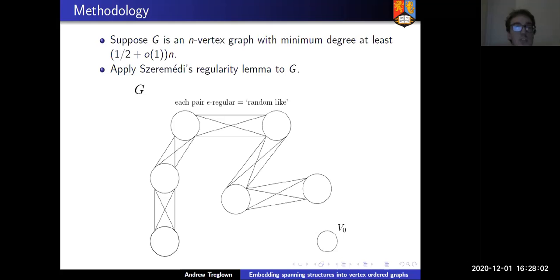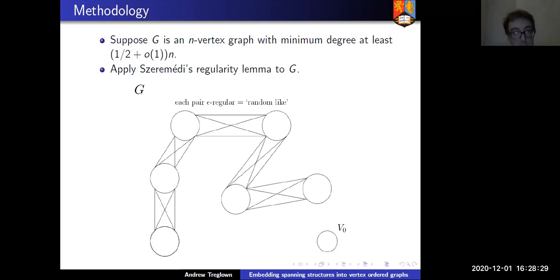So G is an n-vertex graph with minimum degree at least n over 2, so n over 2 plus a bit. They apply Szemerédi's regularity lemma to G. So what does that do? Apart from some throwaway set V0, which is at the bottom there and which we're just going to throw away, we partition G's vertex set into equal size classes, and a bounded number of these to boot.